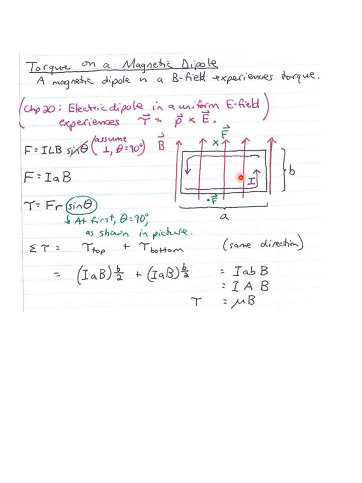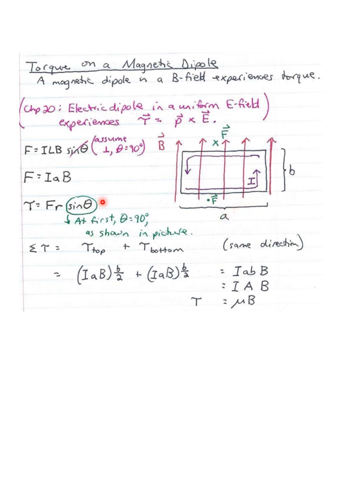So little b over 2 is the lever arm. And at the moment, that sine theta is a 90-degree angle because the lever arm is going vertically and the force is out of the page. Once this thing starts rotating, it's not going to be 90 degrees, but at the moment it is.